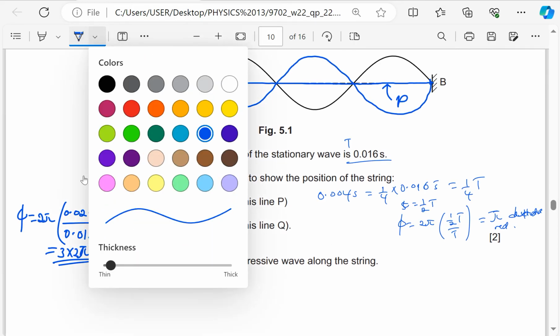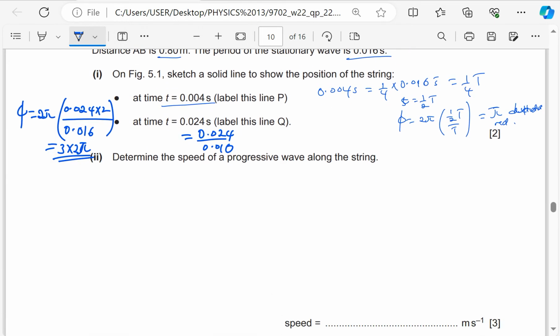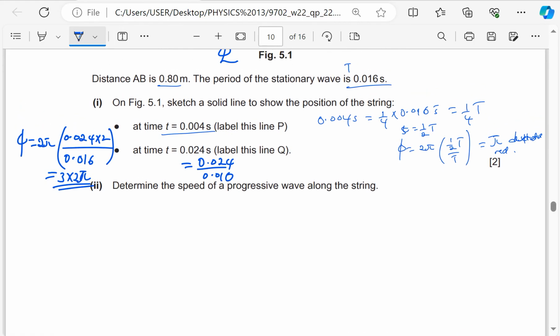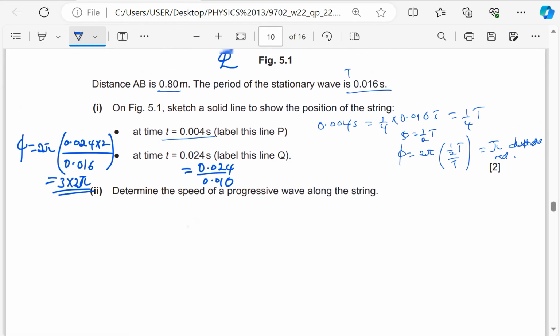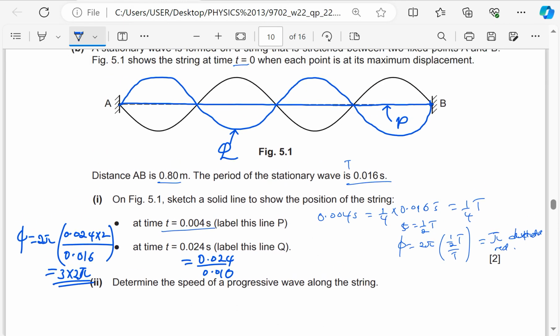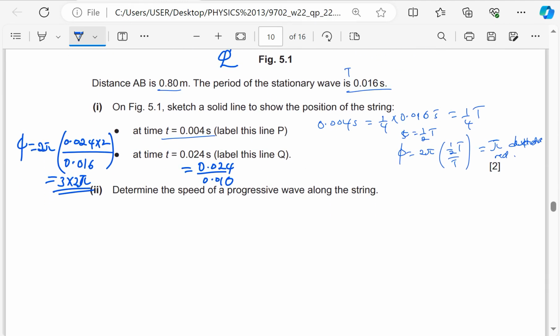So the next, determine the speed of a progressive wave. So first of all, we need to find the wavelength. You notice that we have two cycles in a distance of 0.8 meters. So twice the wavelength is equal to distance AB. So twice the wavelength is equal to 0.80 meters. So the wavelength is going to be 0.8 divided by 2, which is 0.4 meters.